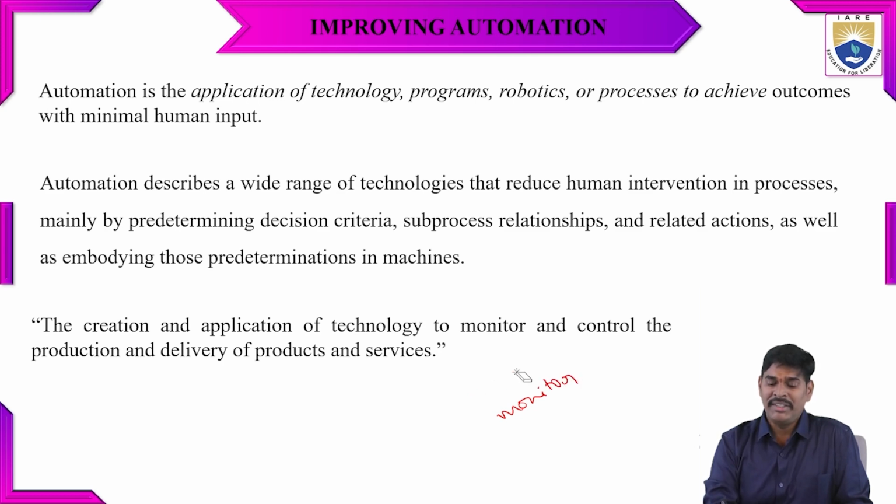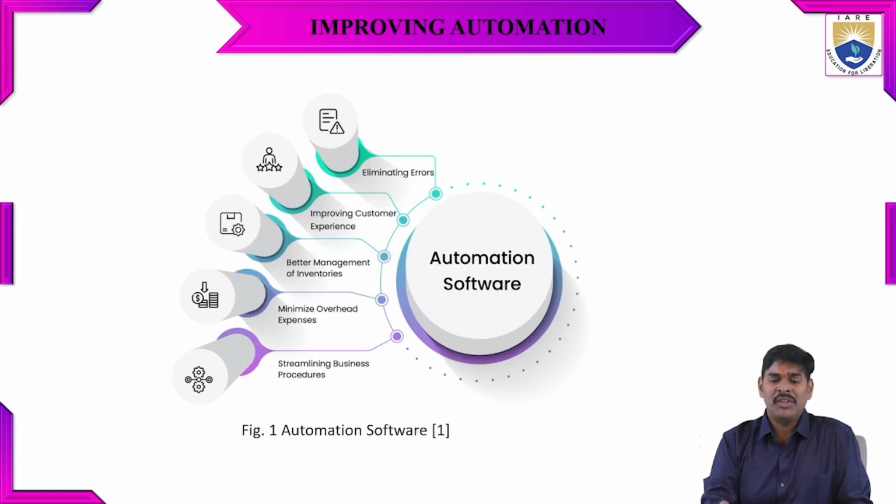Automatically, with the help of automation tools and technology, it will have a very detailed plan, monitoring, and control of the production, so that it delivers the goods on time. Using automation is very helpful to the organization, and time reduction will happen.